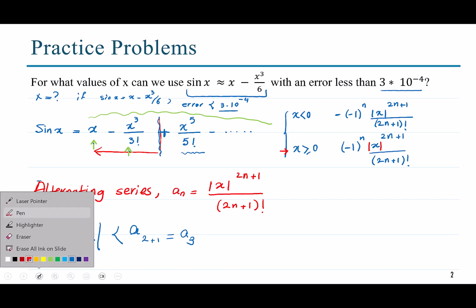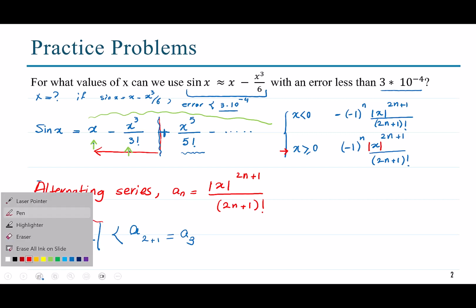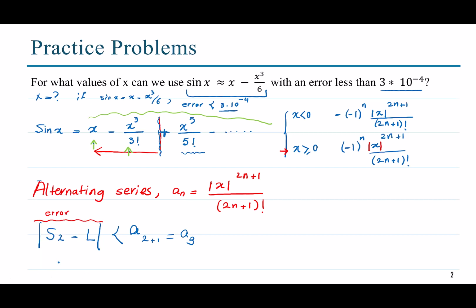Now, what is this? This is the error, right? So I'm saying that the error for using only two terms instead of an infinite number of terms for this alternating series is going to be less than a3.